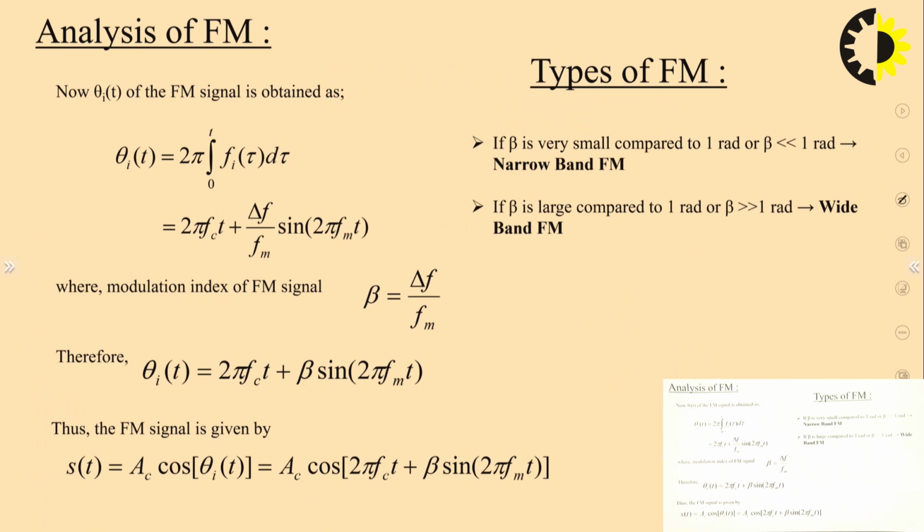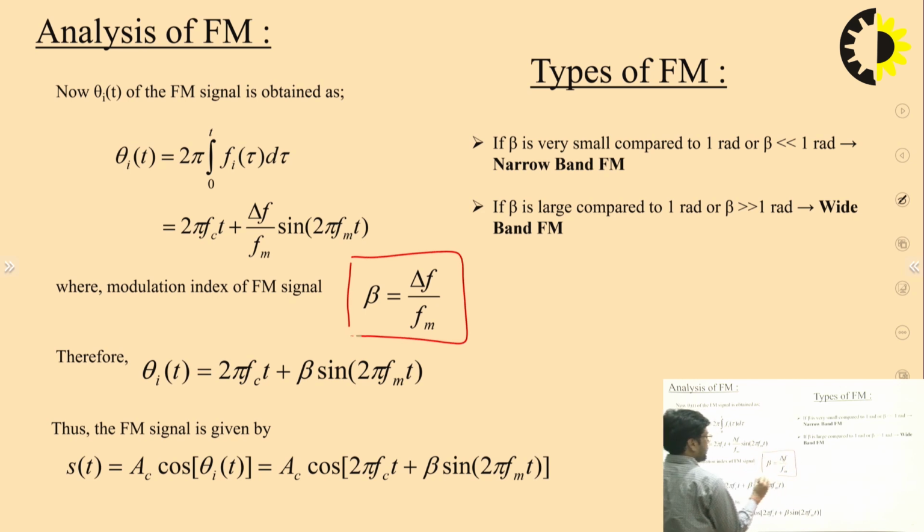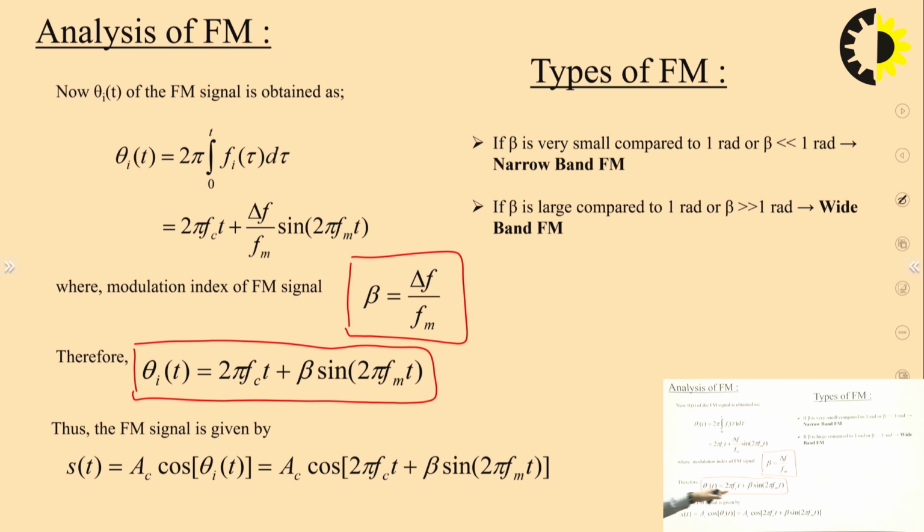So in the equation at last you will get theta, where beta is delta f by fm, the frequency modulation index, and finally theta is 2 pi fc t plus beta sin 2 pi fm t. So at last you will get the frequency modulated signal equation: Ac cos of 2 pi fc t plus beta sin 2 pi fm t.